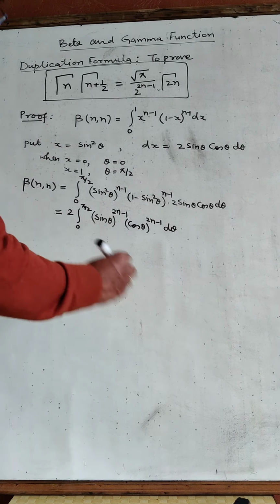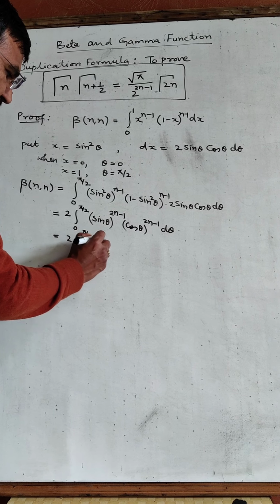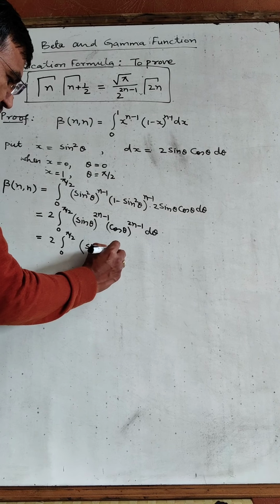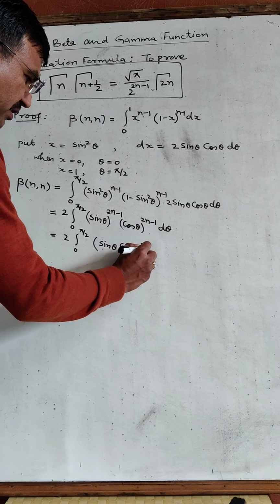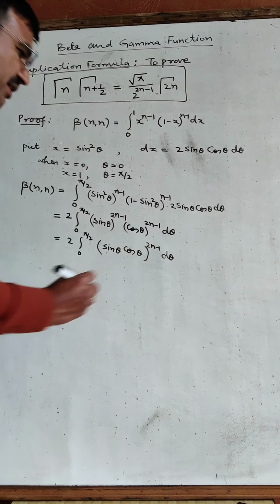From here we can write it as 2 times the integral from 0 to pi by 2 of sine theta cos theta raised to the power 2n minus 1 d theta.